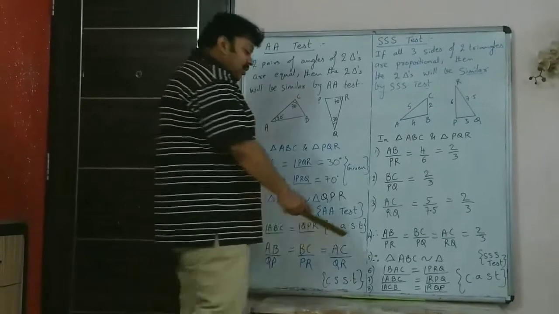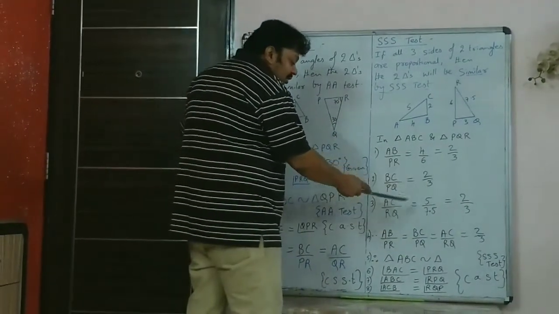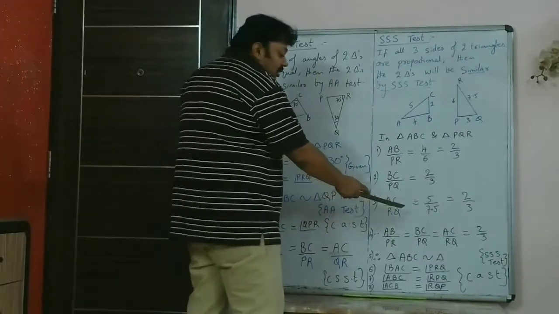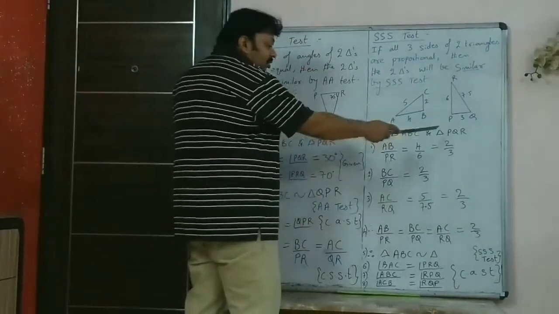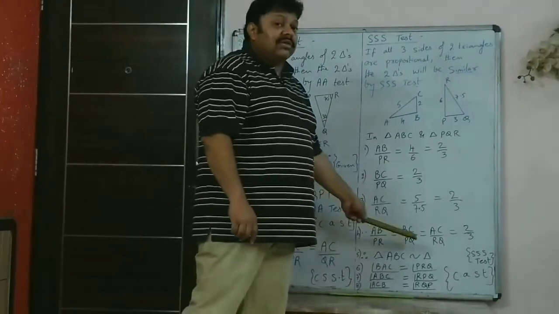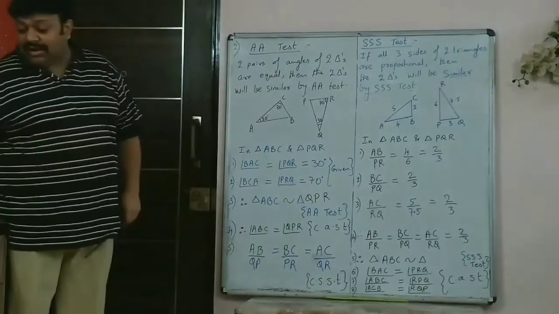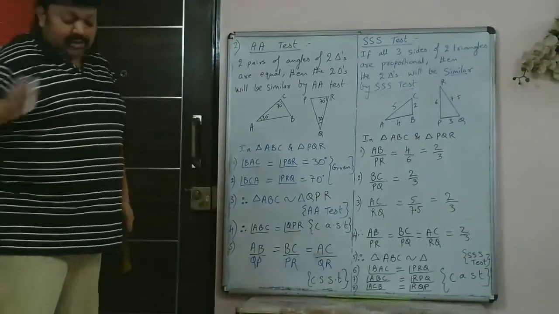So after writing the statement that AB upon PR is equal to BC upon PQ is equal to AC upon RQ, that is 2:3, then we can say that triangle ABC is similar to, don't blindly write PQR. That's why I have left it blank. Now you have to think.